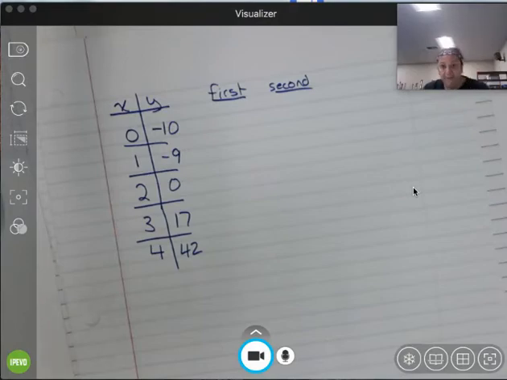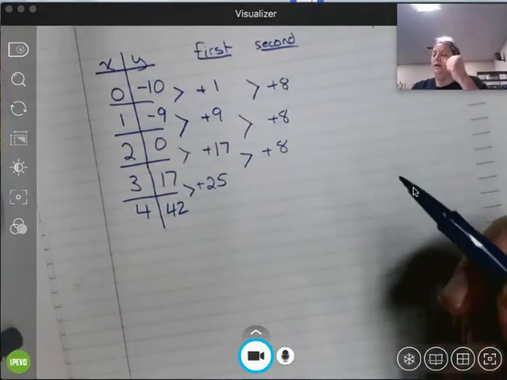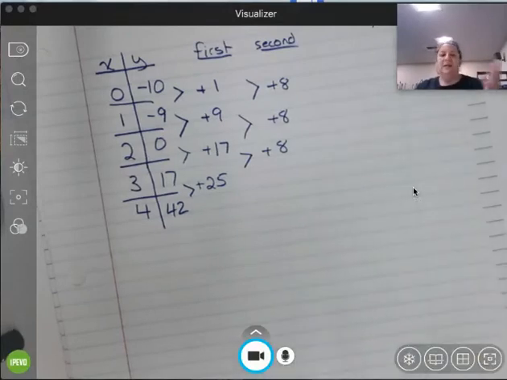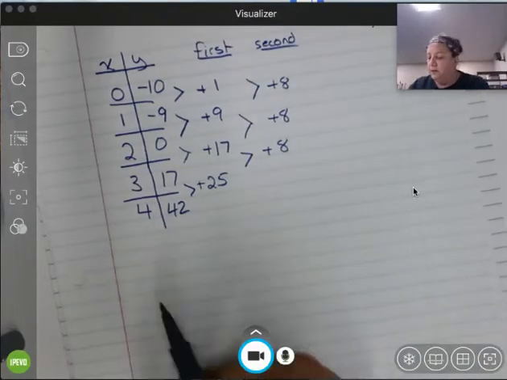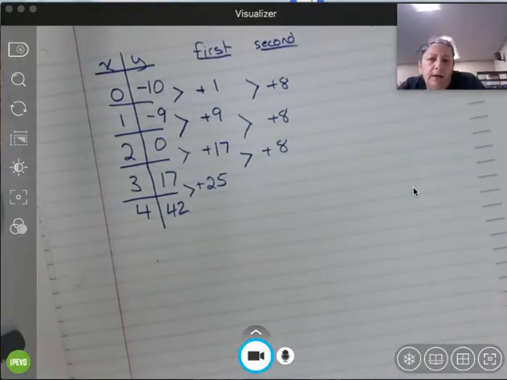Do you have it? Yes, I just got my second difference. So now you're ready to write the first part of the formula. Why don't you pause and see if you can get the first part of the formula by yourself?